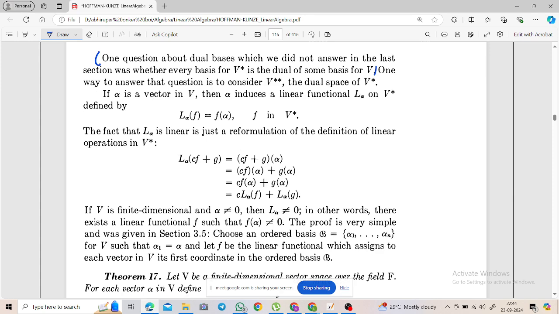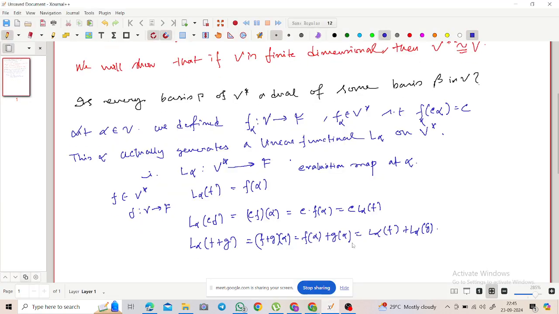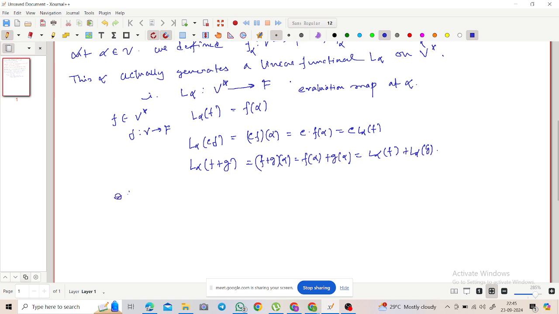So here is a theorem. But one thing we have to prove is that if alpha is not equal to 0, then we define a basis beta of V such that beta is alpha, alpha 1 to alpha n minus 1.